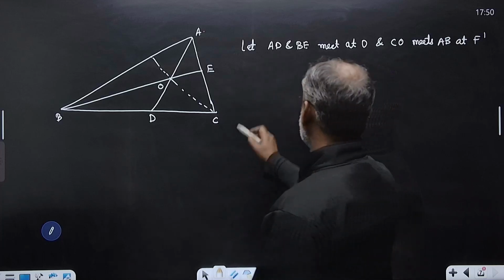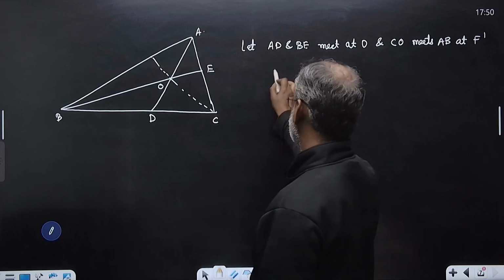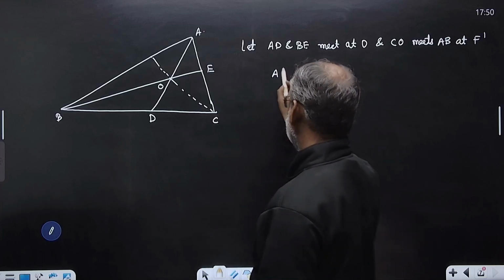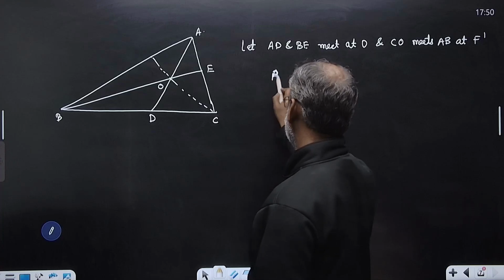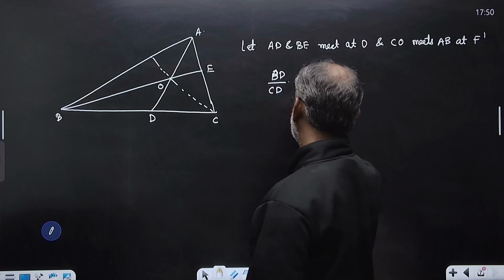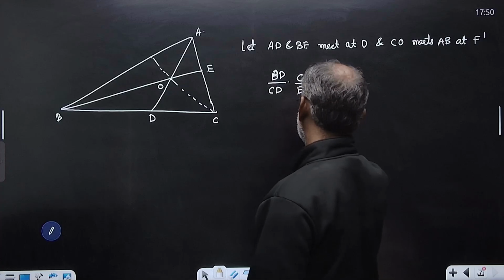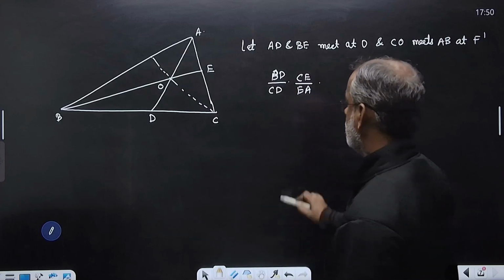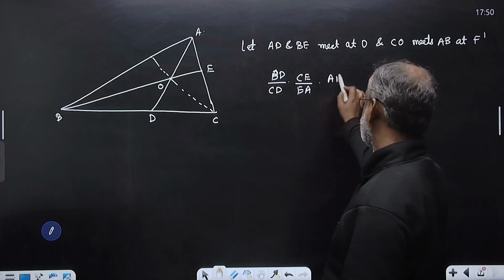So, by Ceva's theorem, what we have is BD by CD into CE by EA into AF dash by F dash B equals 1.